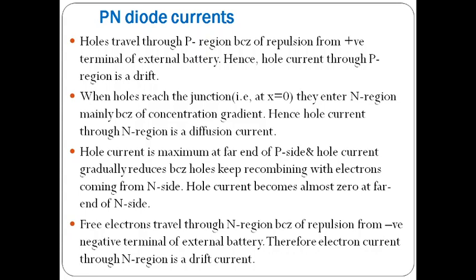Now we can observe the hole concentration gradient. That means one side has more charge carriers and the other side has fewer charge carriers. One side has more holes, and the other side has a very small number of holes.